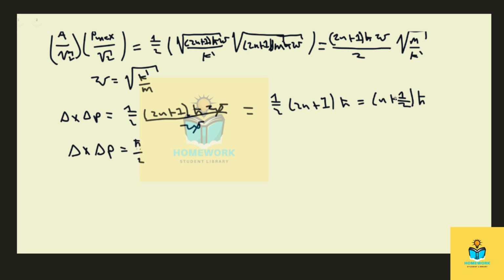Or in terms of higher energy states, delta x delta p is equal to 2n plus 1 h bar over 2. So to answer the question, how does the uncertainty product delta x delta p depend on n? Well, it increases with n. So as n goes up, the uncertainty goes up.